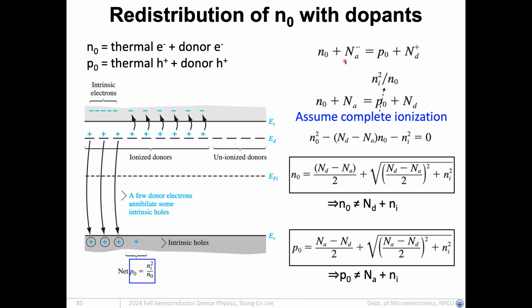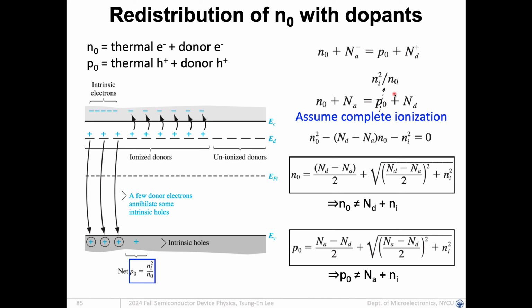Then we can get the total carrier concentration by using the charge neutrality equation to solve them. We have both donors and acceptors in the system, but we want to solve N0 and P0 individually.